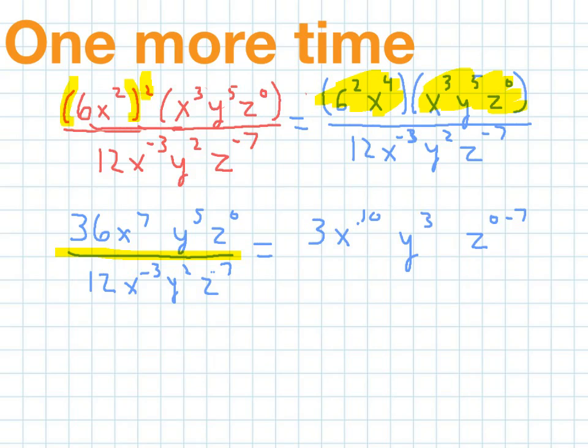That should be 0 minus a negative 7. So 0 minus a negative 7 becomes 7. So what looked like a huge mess now looks pretty nice when we're finished with it. I'm going to let you practice a couple of these.